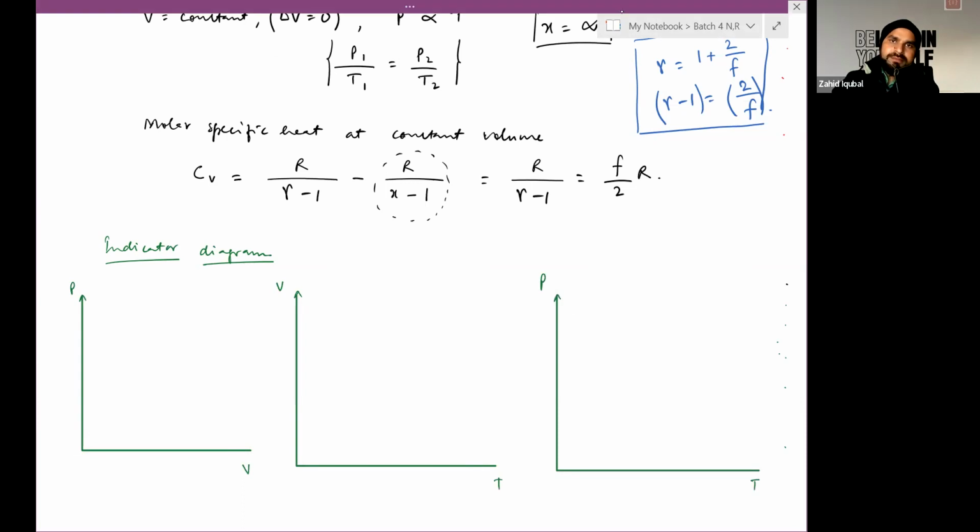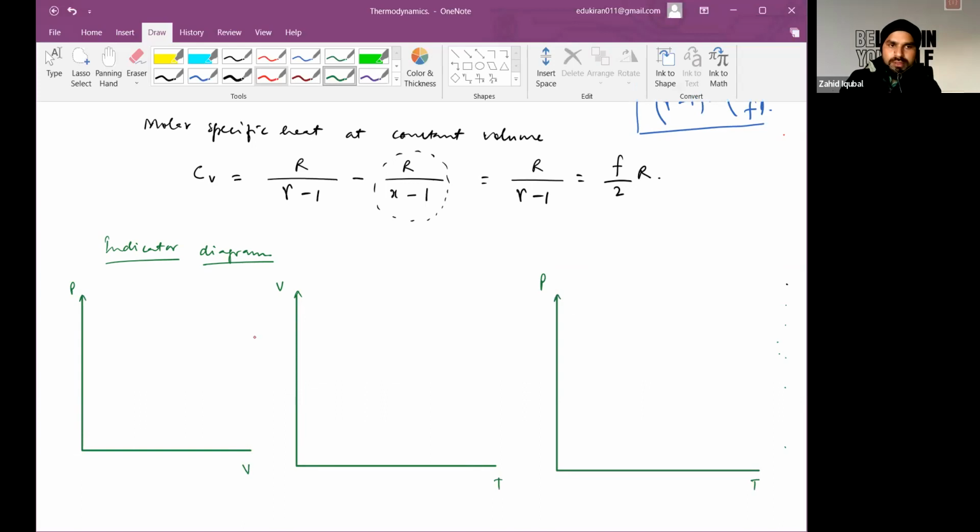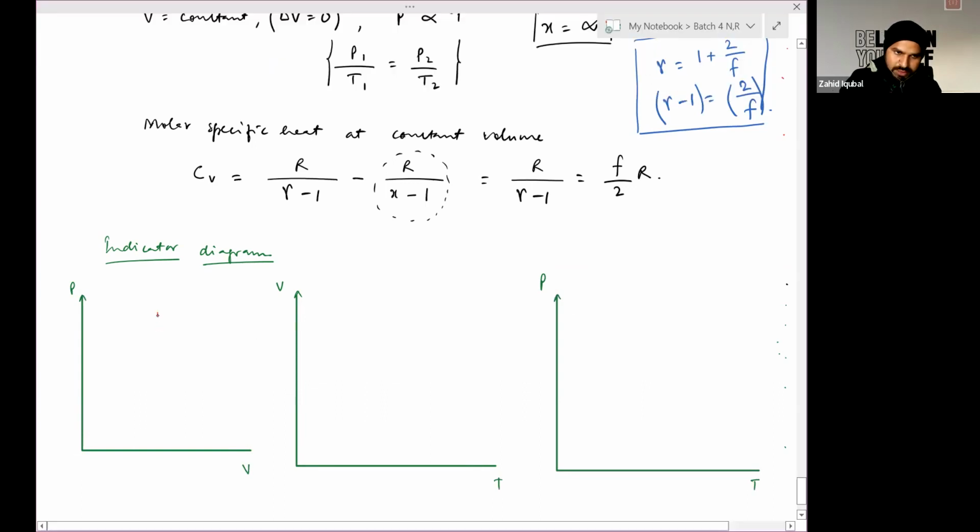In the first part, since this process is going at constant volume, there will be no change in volume, so it will be a straight line parallel to the opposite coordinate axis, like this. In the second part, since volume is constant, it will be a straight line. For the third part, since pressure and temperature are directly proportional, it will give you a straight line.